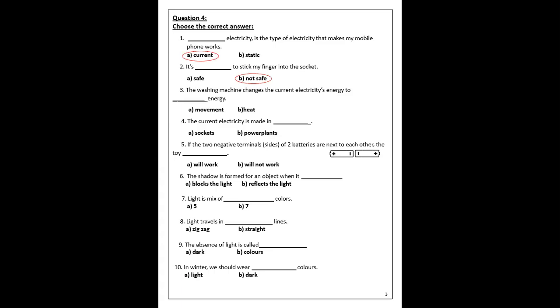The third thing, it's not good to overload the socket with too many plugs, right? Is it safe to put too many plugs in it? No, it's not safe. The fourth thing in the safety rules is that you will not put your fingers, wet or dry, in the sockets.